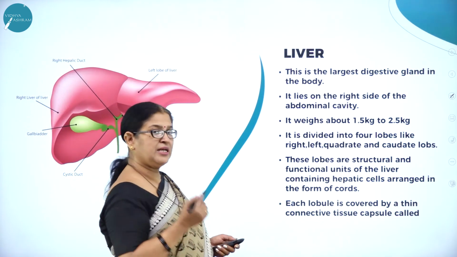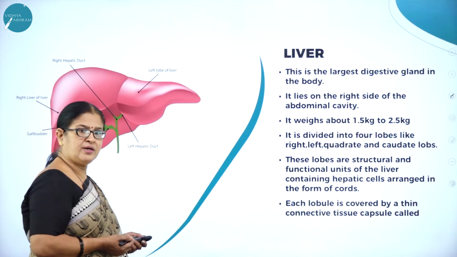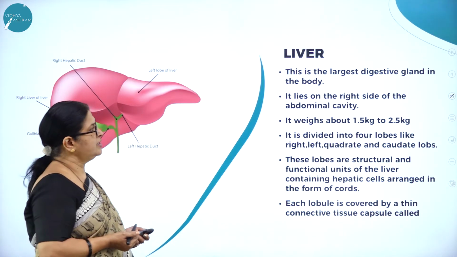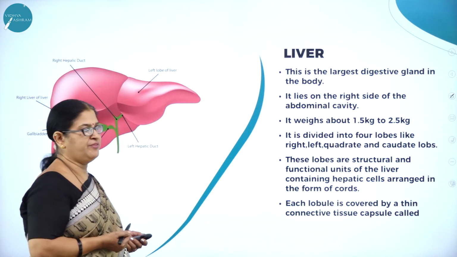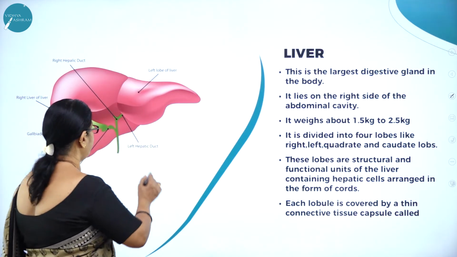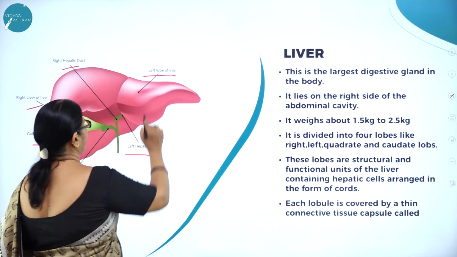Then the liver. Let us move on to understand this very important organ in our body, and a very important storage organ we can call it. Here you can see the beautiful picture of the liver and its parts: right liver lobe, left liver lobe.